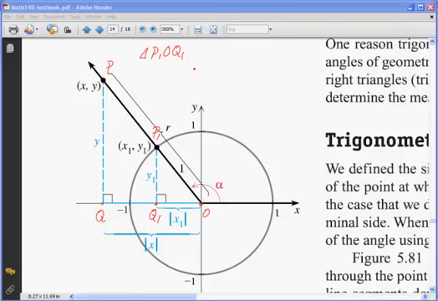They are similar, right? These are two similar triangles. So this triangle is similar to triangle POQ.